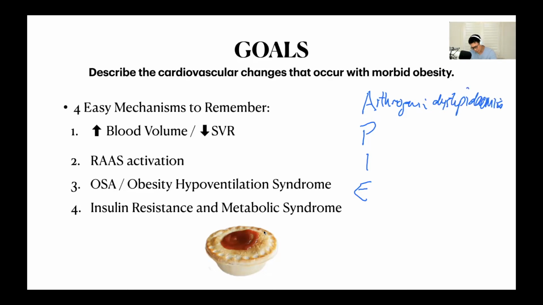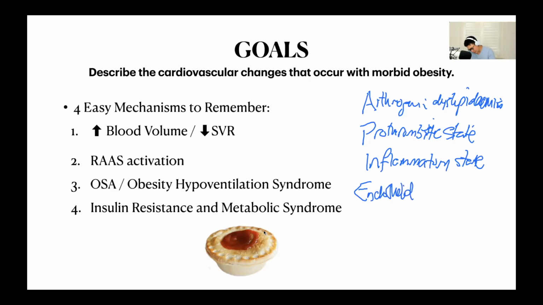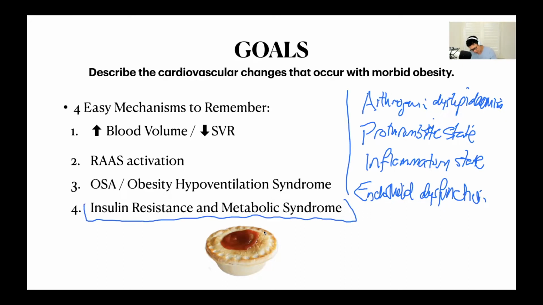P will stand for prothrombotic state. I will stand for an inflammatory state. And E will stand for endothelial dysfunction. And this is all related to the idea of insulin resistance and metabolic syndrome.